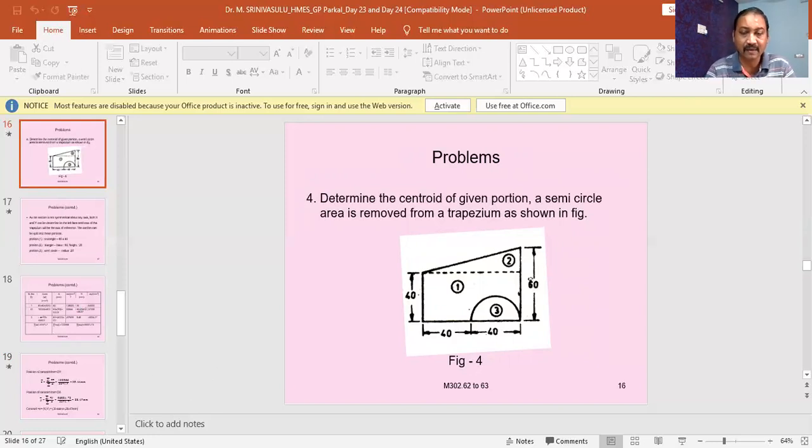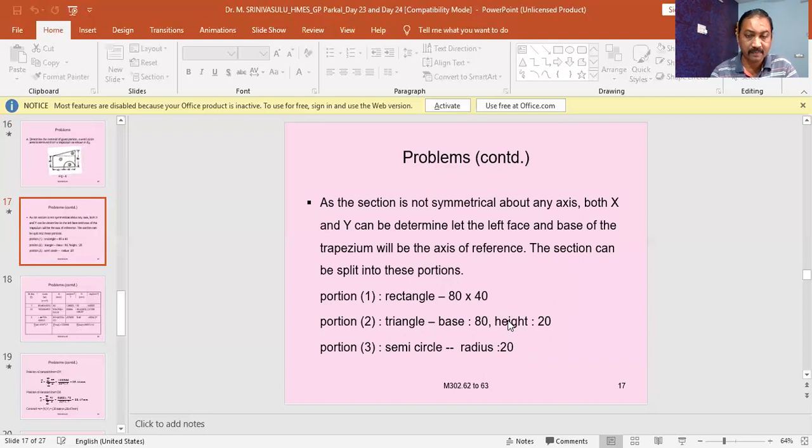For the triangle, the base is 80 and the height is 60 minus 40, which is 20. For the semicircle, the diameter is 40 mm, so the radius is 20 millimeters. Like this we have to divide.